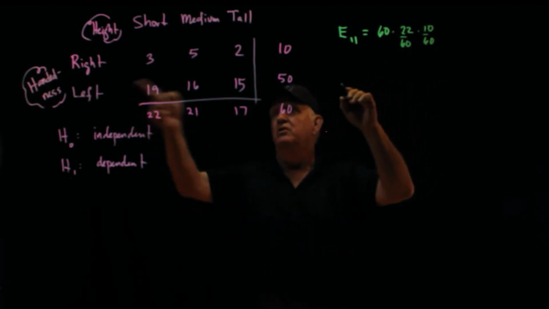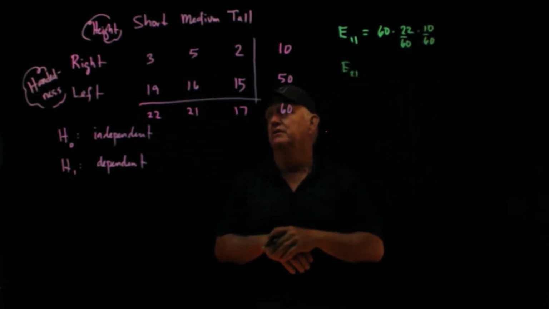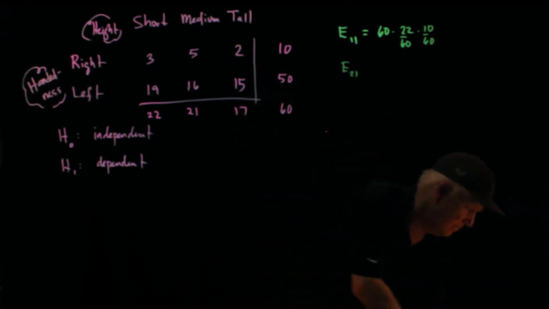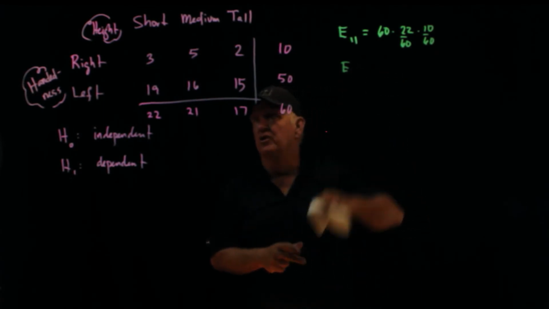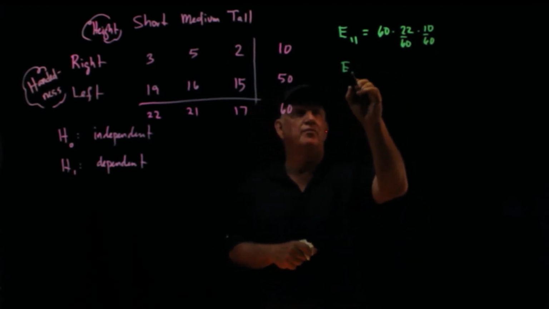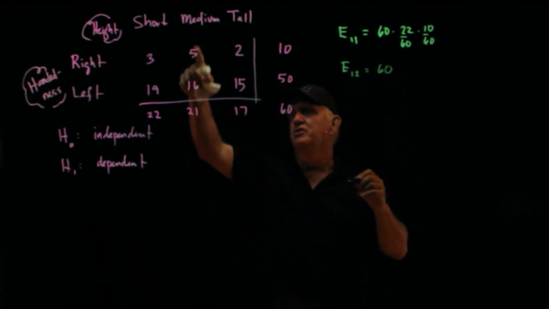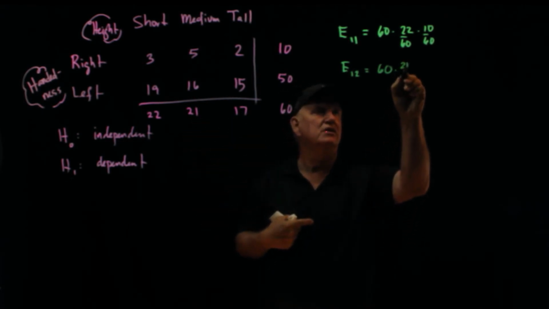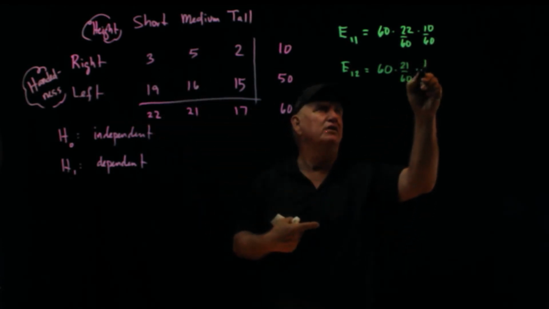Just like that. Let me go right over here to E1,2, the E that is in the first row and the second column. That's equal to 60 times the probability of being, in this case, medium tall, 21 out of 60, times the probability of being right-handed, 10 out of 60.